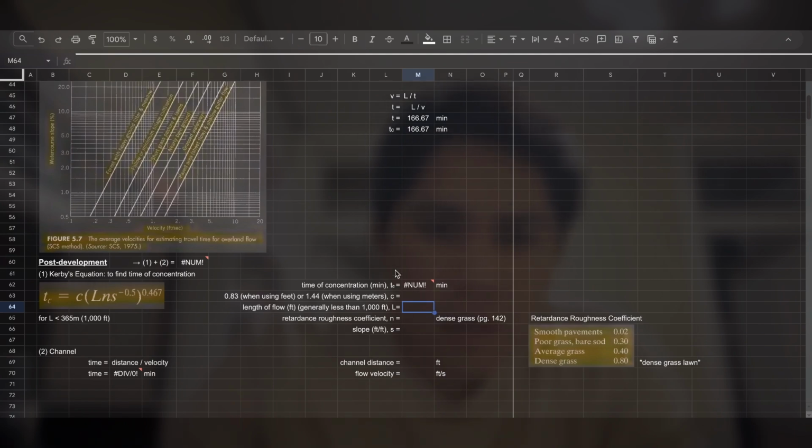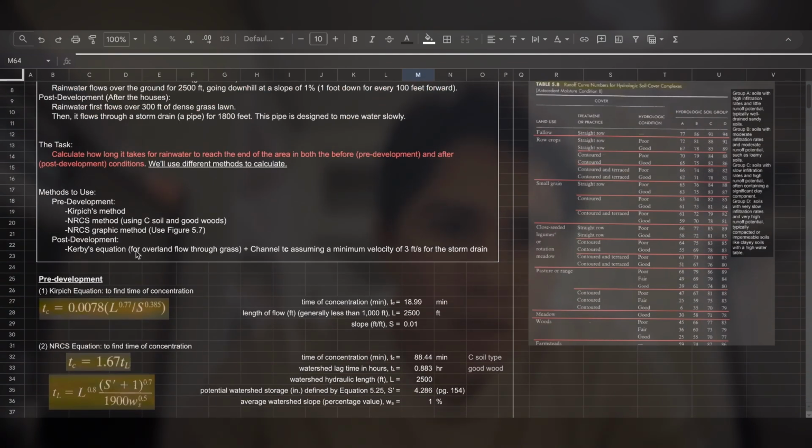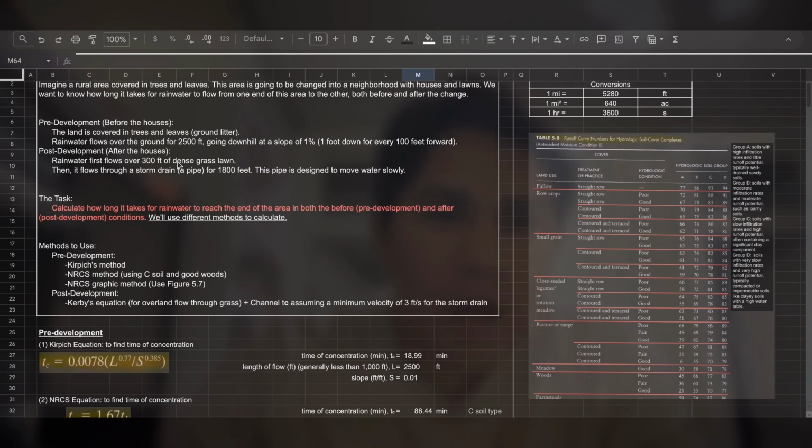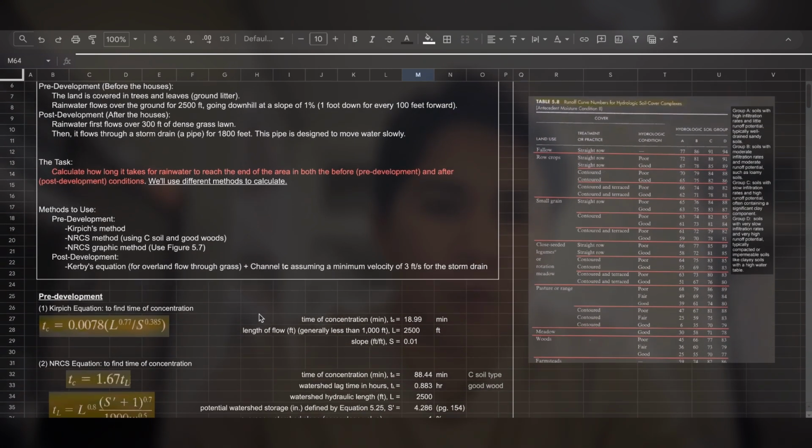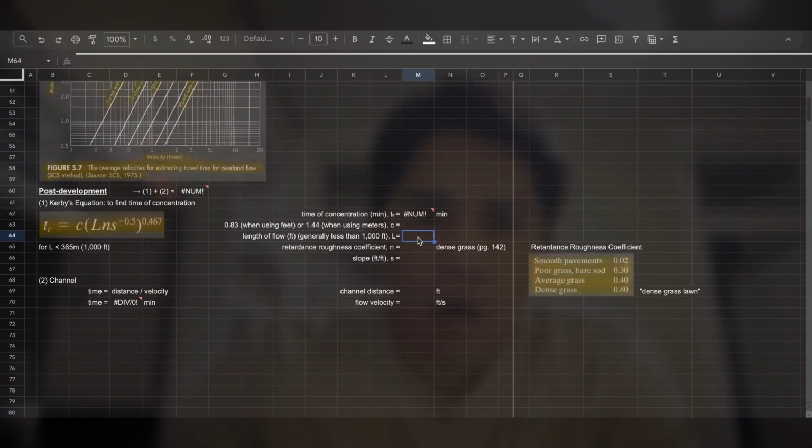For the first 300 feet, we're going to use the Kerby's equation for overland flow through grass. So our length here is 300. We're still using feet, so we use 1.83 for the C value.